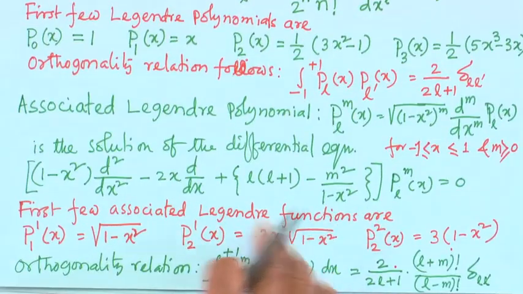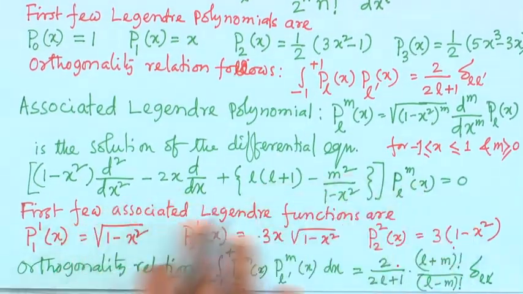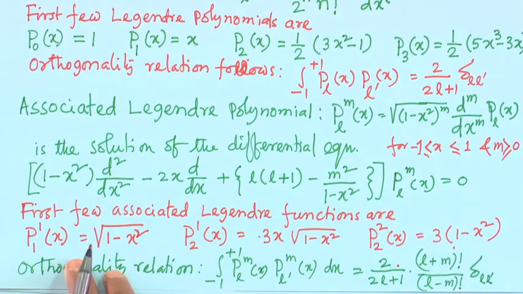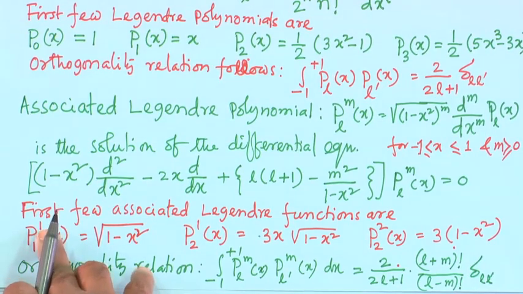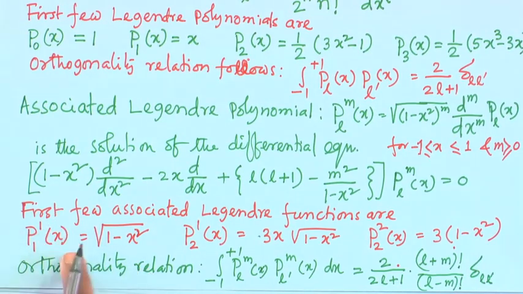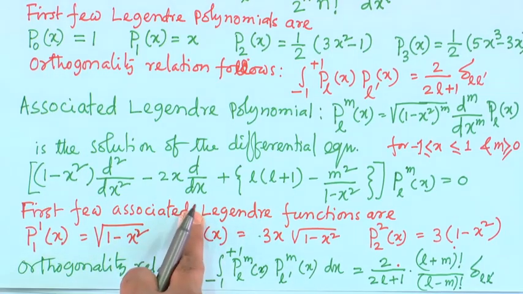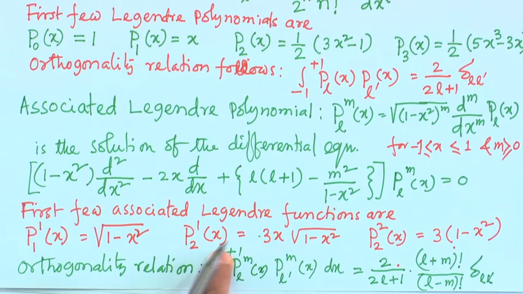Here, just from the table, I have written what the value is for L equal to 1 and M L equal to 1. That is the square root of 1 minus x square, and P 2 1 as a function of x is 3 x times the square root of 1 minus x square.